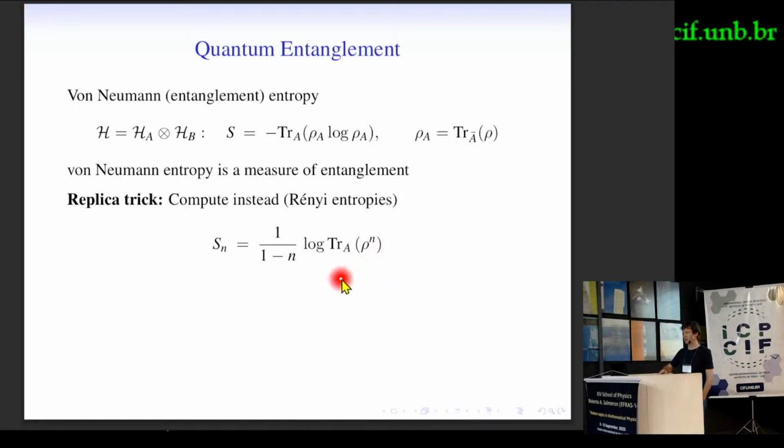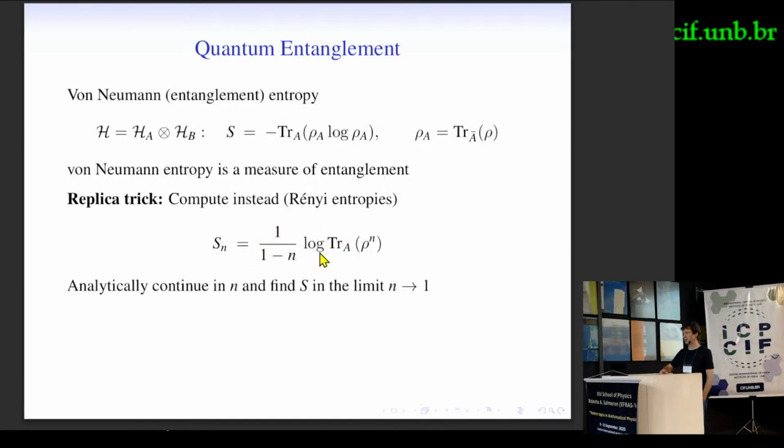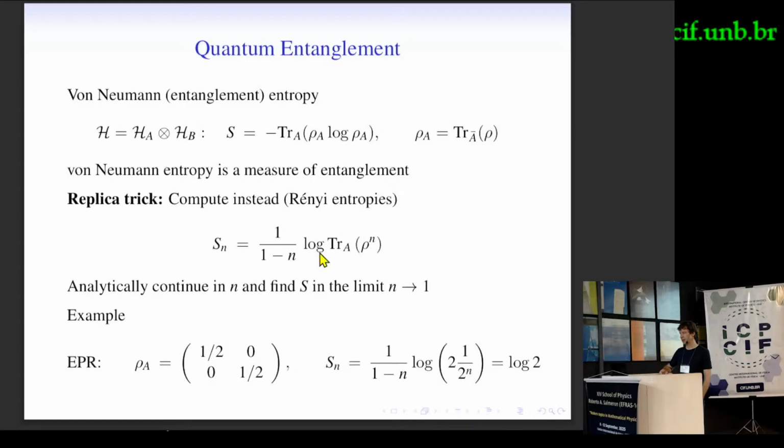Then you compute the trace of this integer power, you compute log. This is called the Rényi entropies with this particular normalization. And then you take the limit n going to 1. Then this will give you, if you do proper analytical continuation, trace of rho log rho.